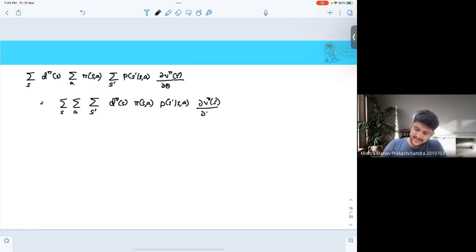Now the good thing about this step is, since my steady state distribution remains constant throughout, any operation of pi s or the transition probability doesn't change the steady state distribution.